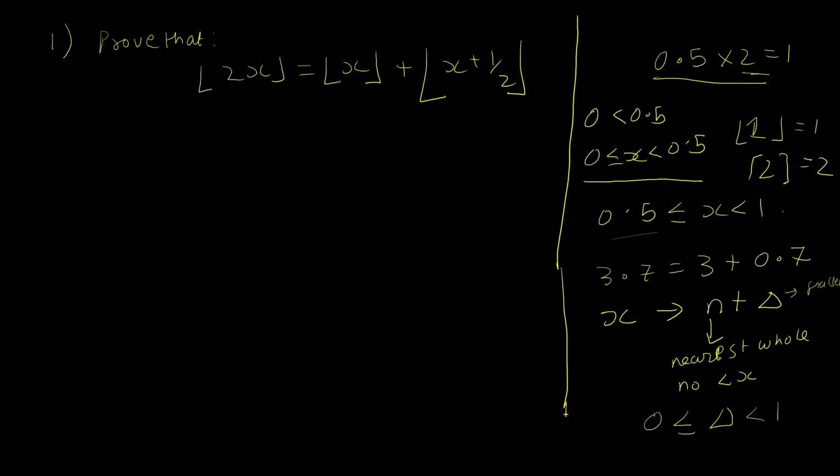So the fractional part delta is going to be in this range. Okay, so we understand these things. Now go back into this problem. So there's a pattern to this. We always want to express an x in this format so that whenever we take the floor or ceiling of n, it's just n, right? It doesn't change the value because it's already a whole number.